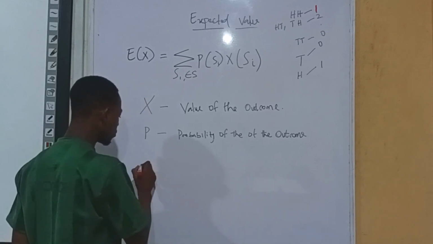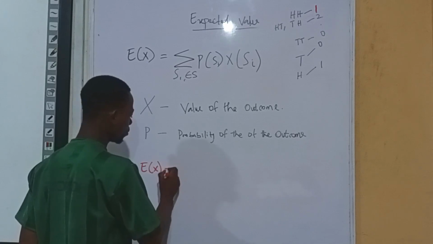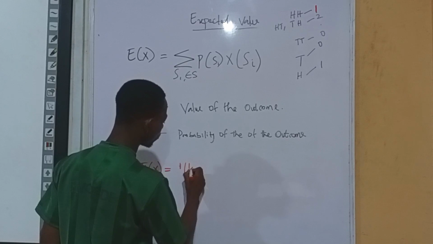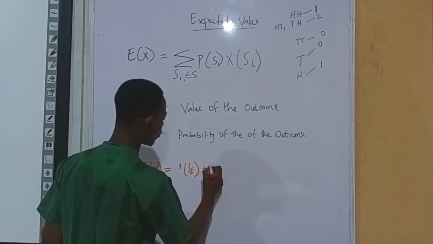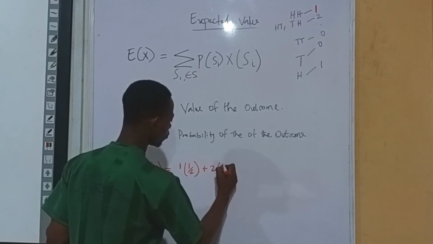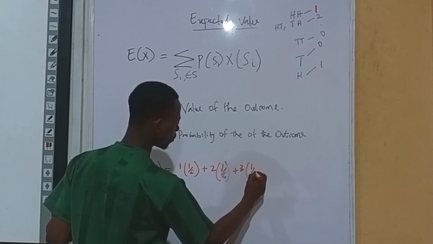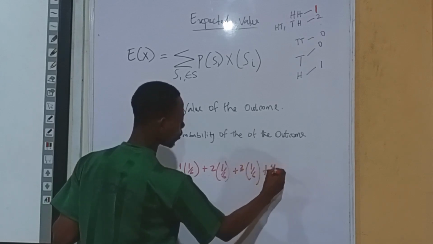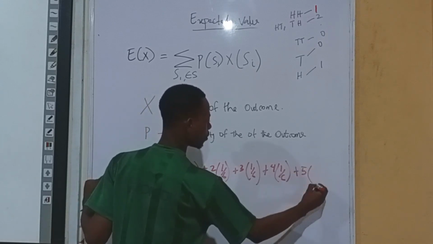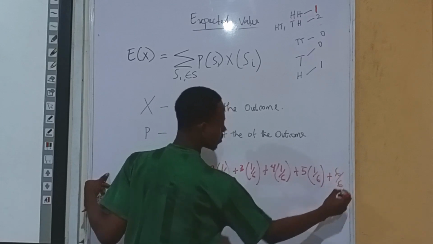So for that particular one, the expected value for the random variable is equal to 1 into bracket 1 over 6 plus 2 into 1 over 6 plus 3 into 1 over 6 plus 4 into 1 over 6 plus 5 into 1 over 6, then plus 6 into 1 over 6.